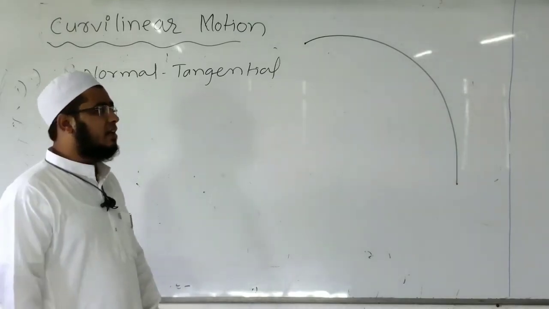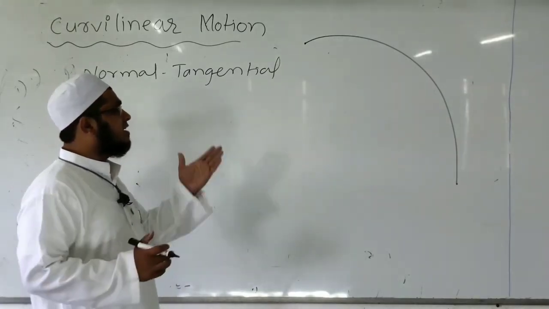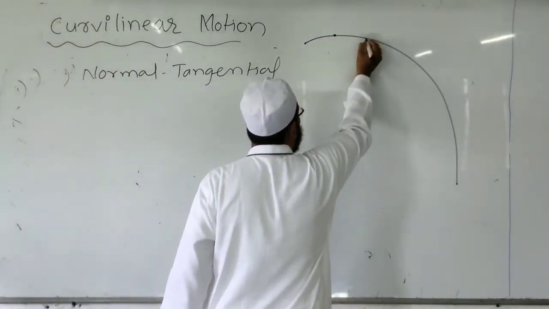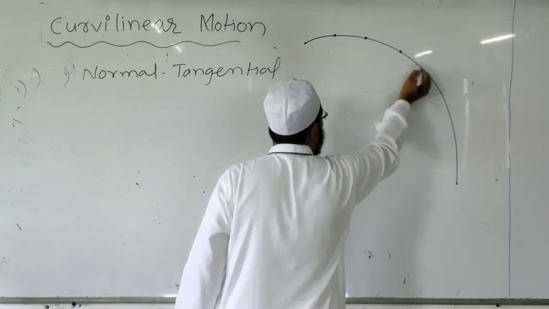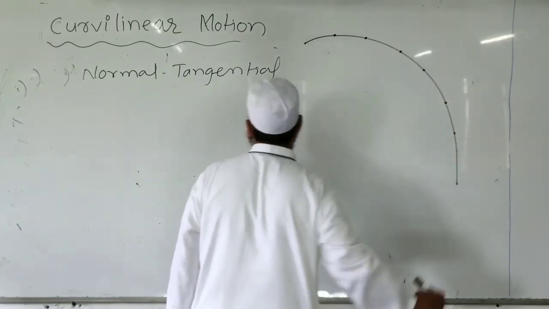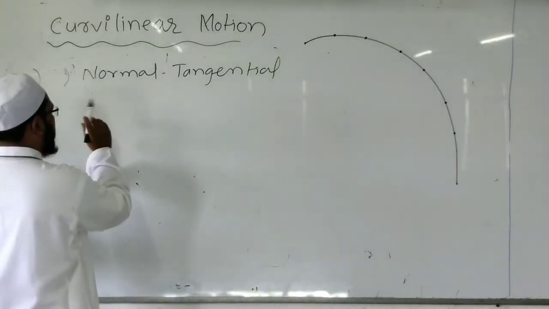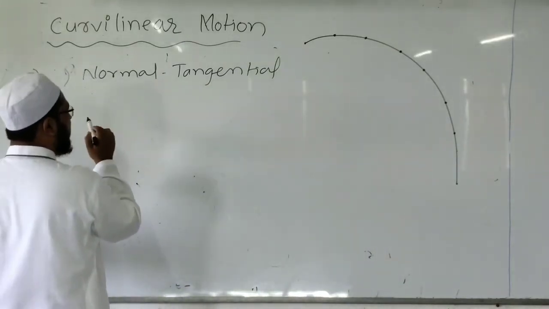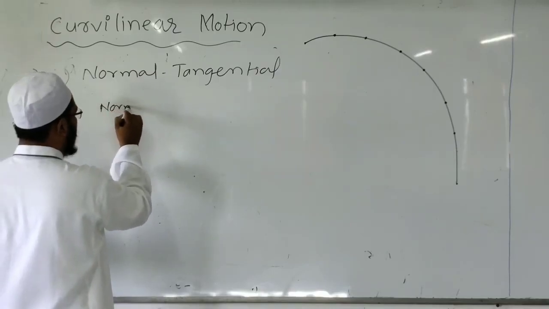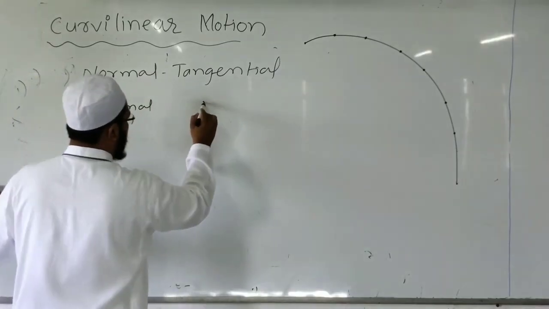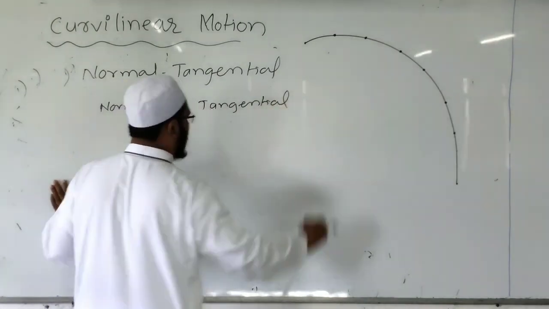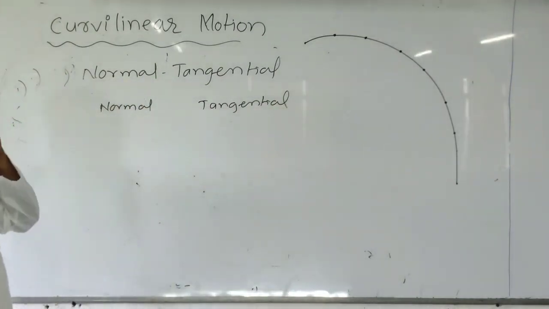Means if the path is known, then we can describe the position of the particle for a particular instant in terms of its normal component and tangential component. It is very easy. We will split the vector in the normal direction and tangential direction.